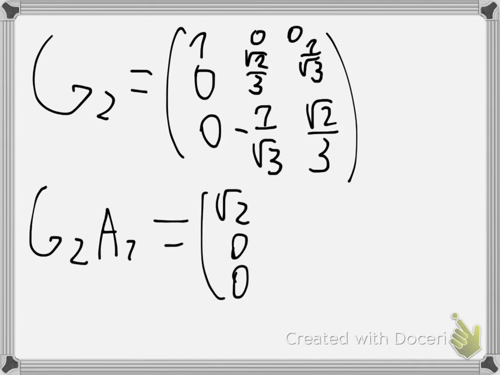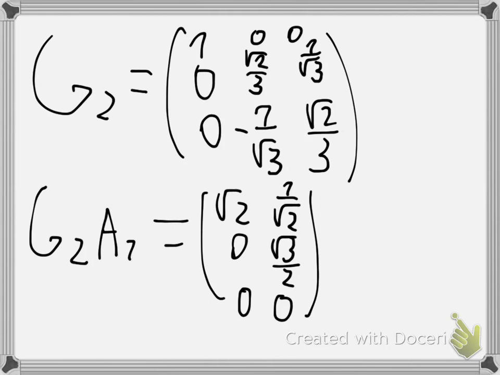So the first column doesn't change. It shouldn't, otherwise there's a problem. And then you get 0. Okay. And so this is our upper triangle matrix R.